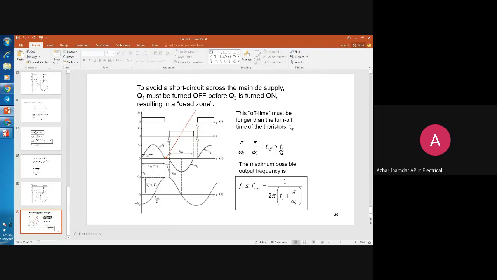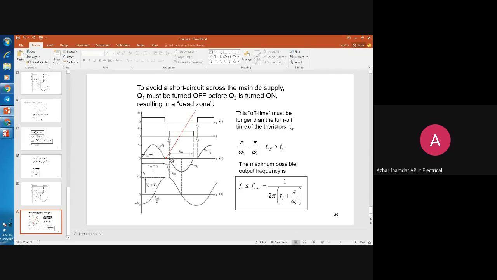The maximum possible output frequency f0 should be less than or equal to f max, which is 1 upon 2 (tq plus pi upon omega).